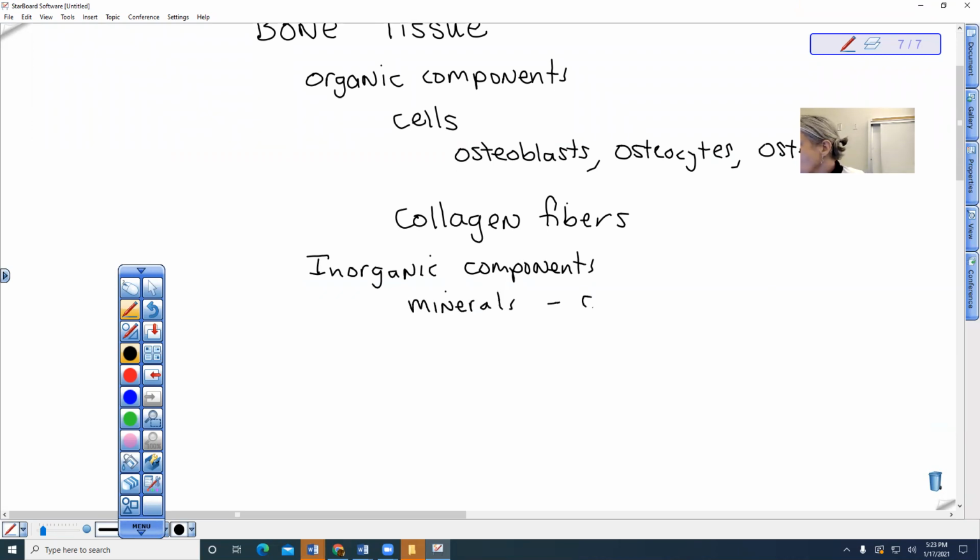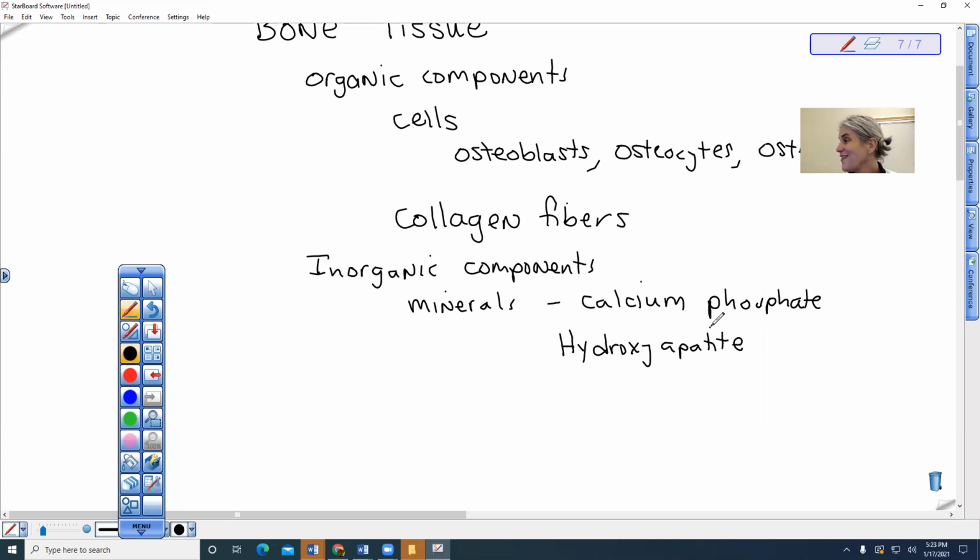And the minerals are calcium phosphates, and a specific type of calcium phosphate called hydroxyapatite. So that is the type of calcium phosphate that is found within the bone. And so that's the inorganic. And so this gives its rigidity.